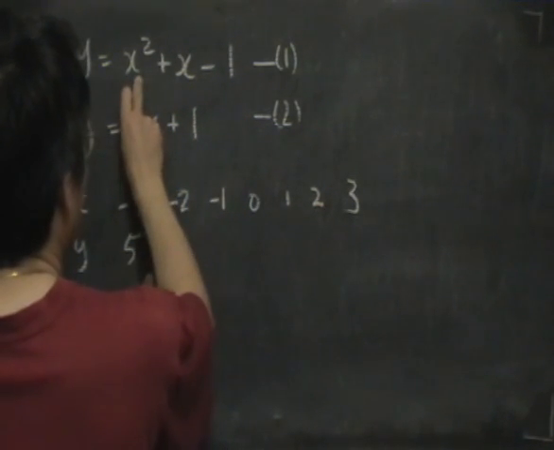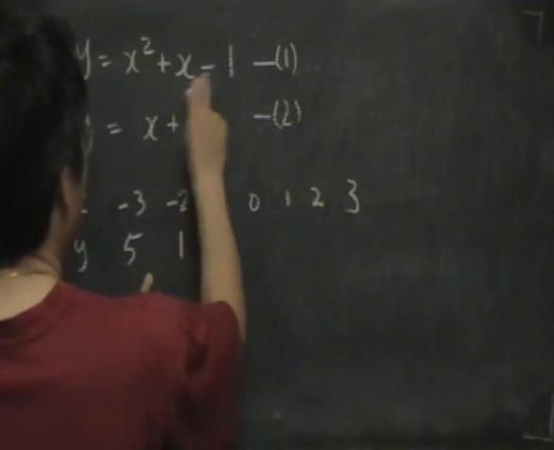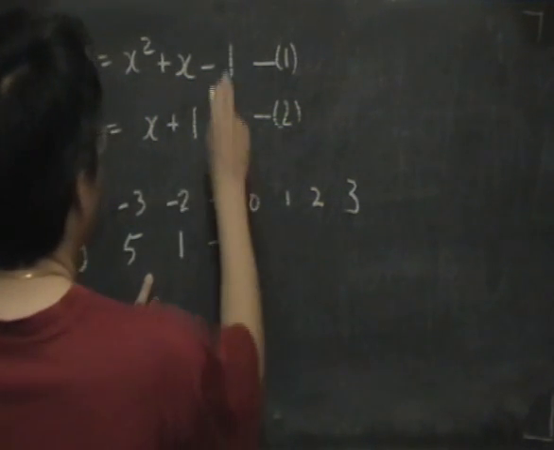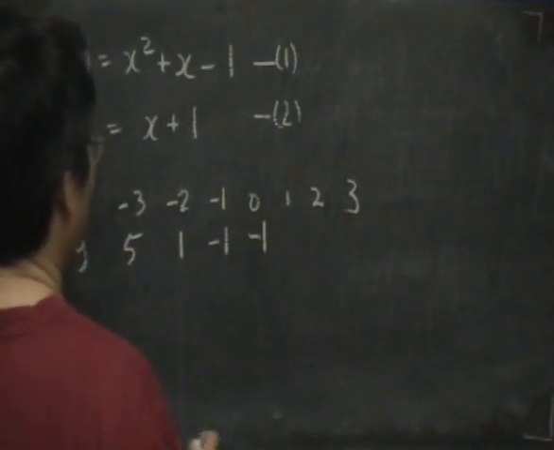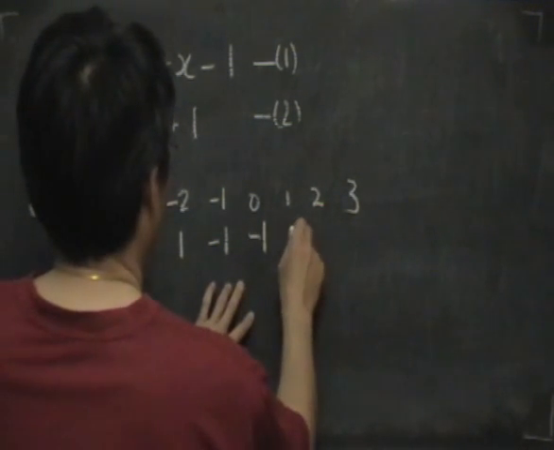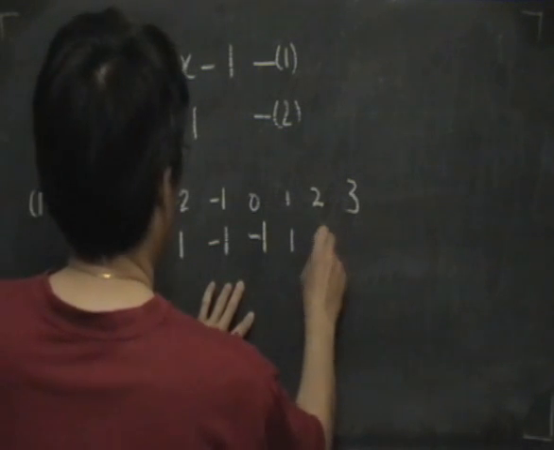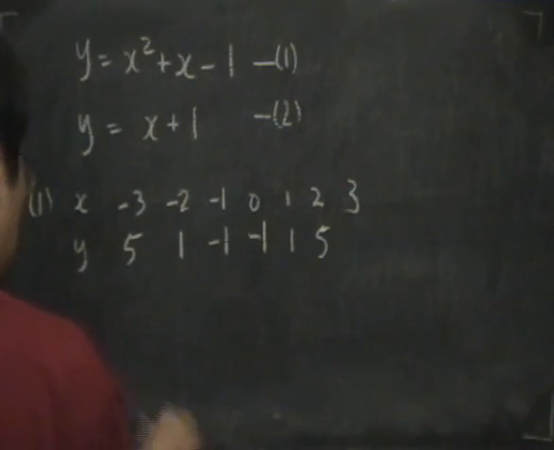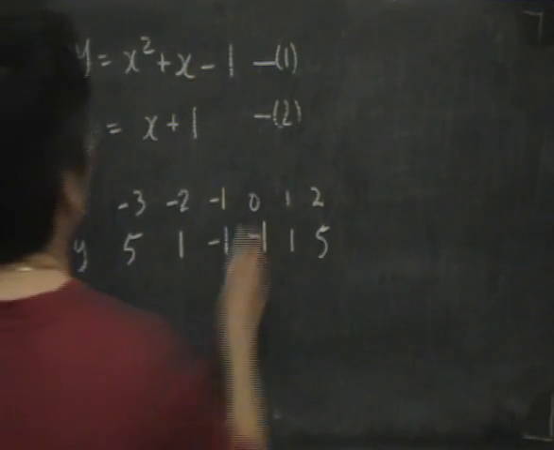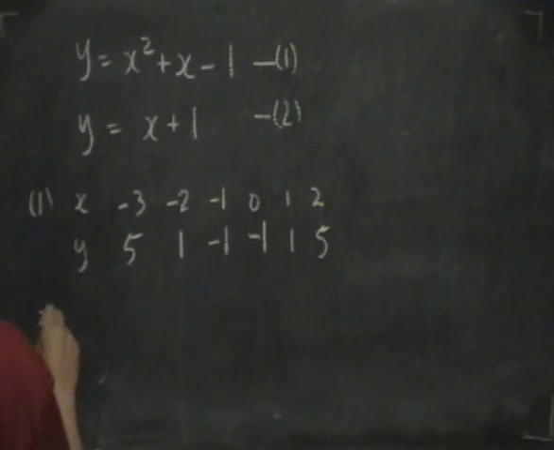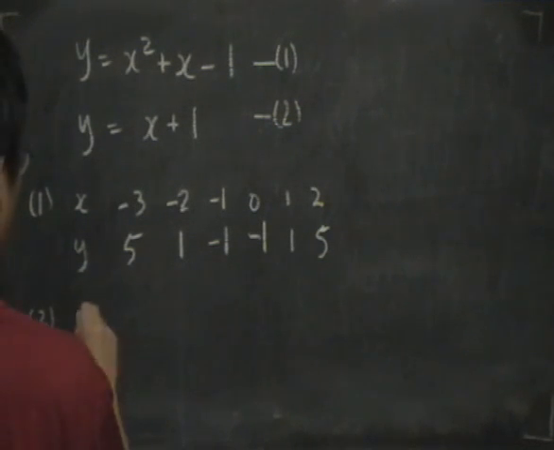Minus 1 is 1, minus 1 is 0, and minus 1 is minus 1. When x is 0, I have minus 1 again. And so on, it goes to 1 and goes to 5. So I'll just leave out the 3. So that's my equation 1.